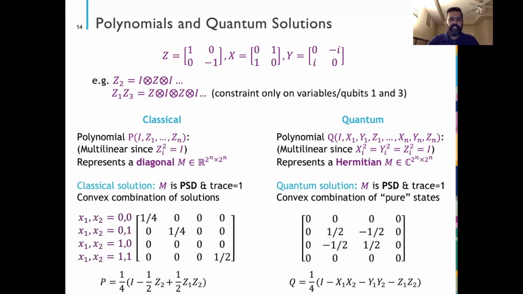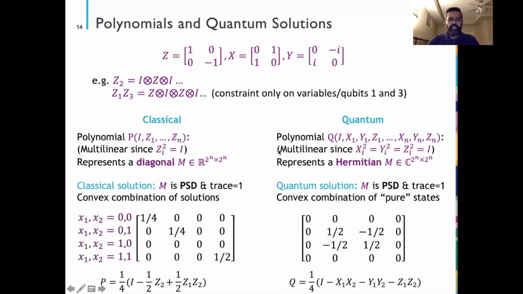You can replace the Z's with plus or minus 1 variables and everything works the way you would expect. However, if we include X's and Y's, then we get truly quantum stuff, where we'll get off-diagonal entries. In general, we'll get a Hermitian matrix using polynomials like this.